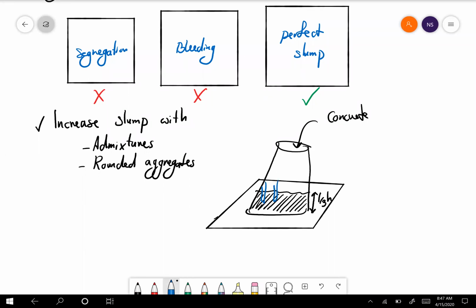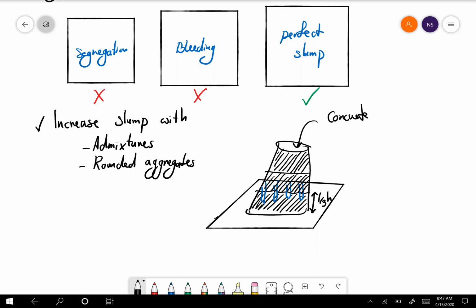You rod it 25 times per layer, and then you add another 1/3 and rod again to make sure the concrete is consolidated, and then you add the last 1/3 and do the rodding again.